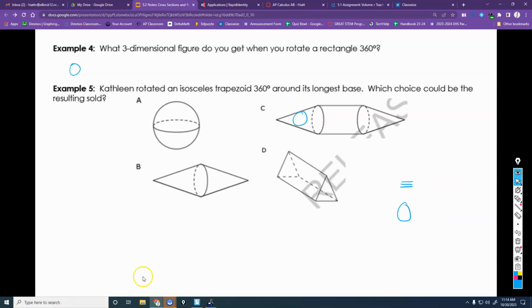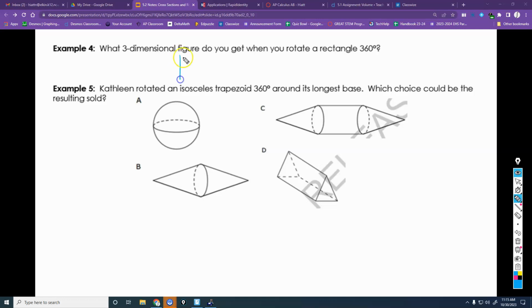Okay. All right. Here is another idea that we're going to think about. New idea here. It is no longer asking us about cross sections, but it's asking us about rotations. So, what three-dimensional figure do you get when you rotate a rectangle 360 degrees?